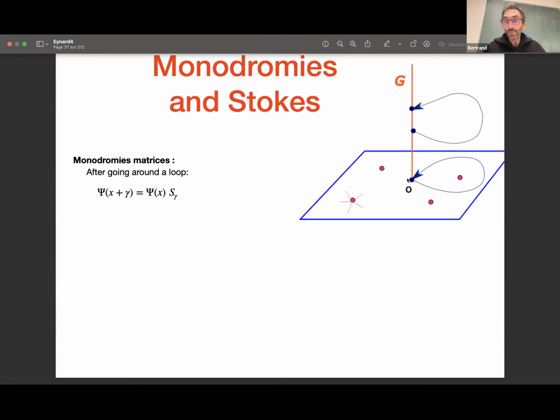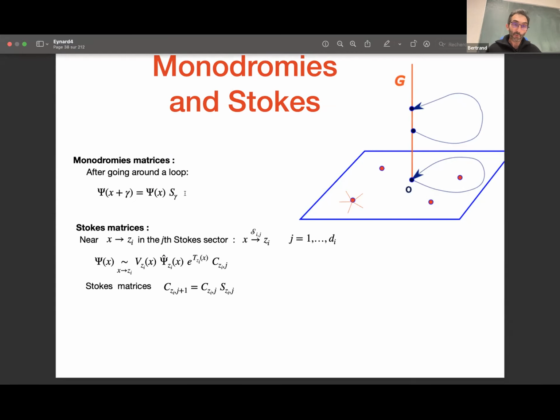If you make a non-contractible loop, typically because it encloses some of the singularities in the base, then in the fiber, psi may come back in the same fiber, but maybe with a different value. And typically it gets multiplied on the right by a matrix, which is independent of x, and which you call the monodromy.